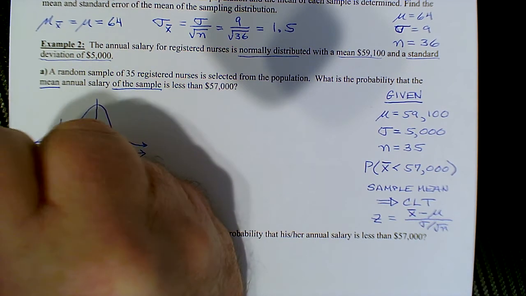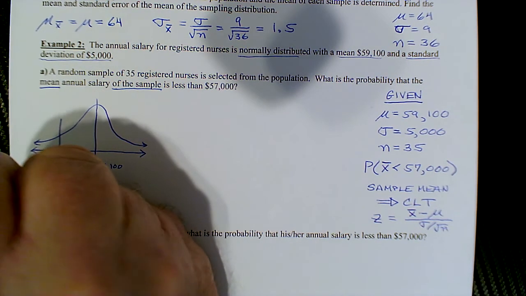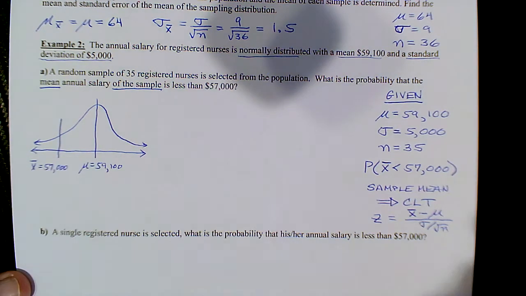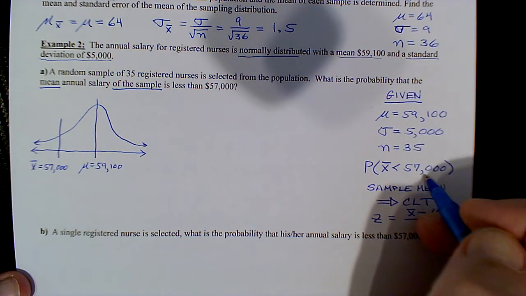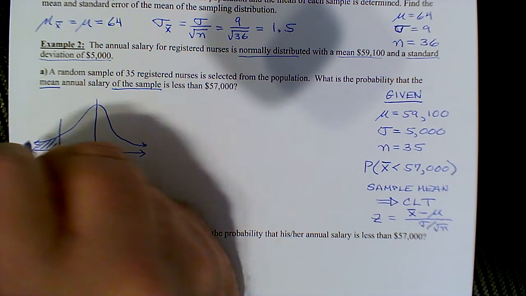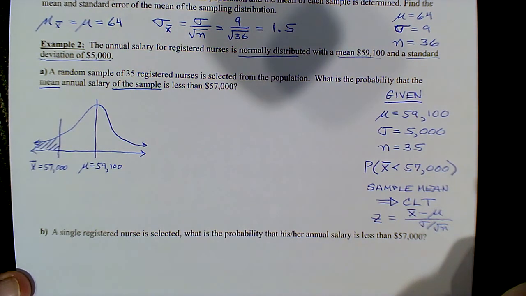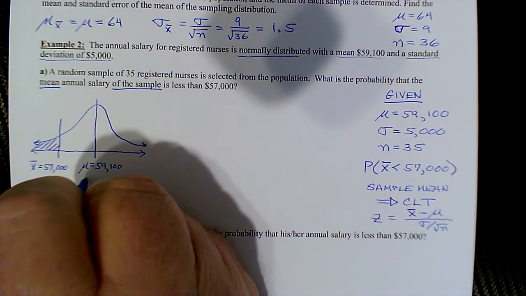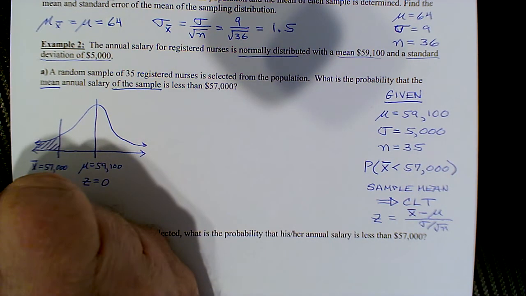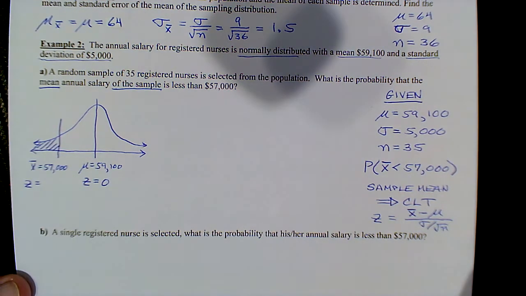So to the left, we should label that as x bar is 57,000. And we want everything less than that, so that's everything to the left. So shade in that tail. Now we're going to transform to z-scores. We already know the z-score for the mean is 0, but we're going to have to calculate a z-score for 57,000.